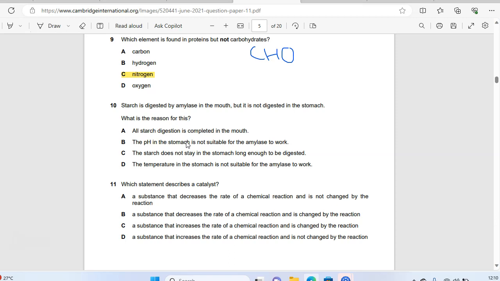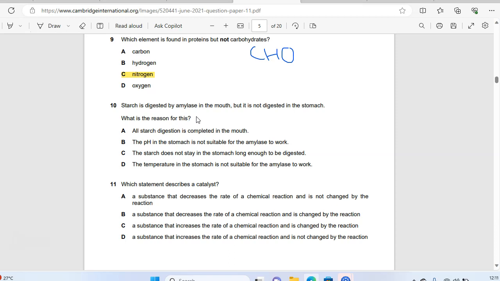Question number 10 is here. Starch is digested by amylase in the mouth, but it is not digested in the stomach. What is the reason for this?